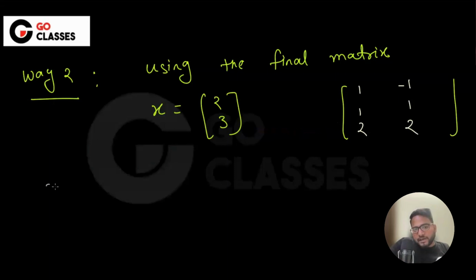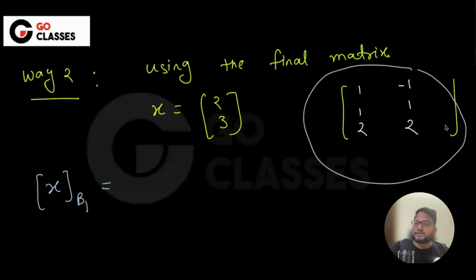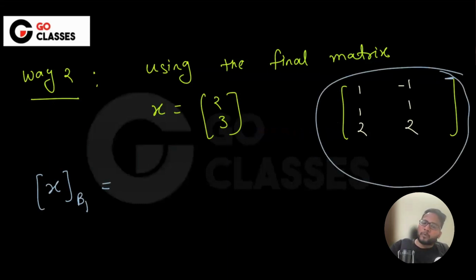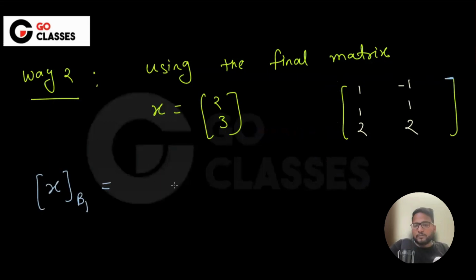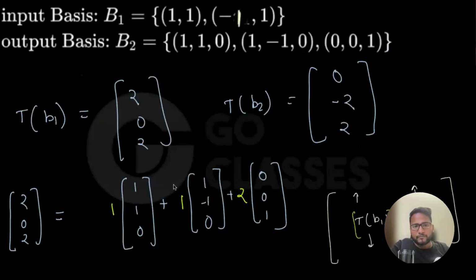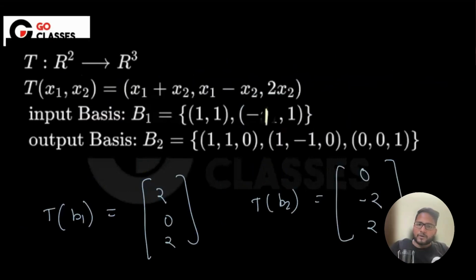I will represent this X first in B1, because this matrix is not taking the input in any basis other than B1. This is specifically designed such that it takes input in B1, transforms, and gives the output in B2. So let's first convert to B1. B1 is this one, right?